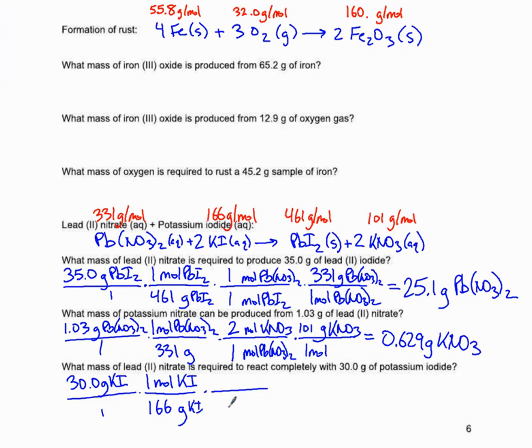Now that we're in moles, we're ready for the mole ratio. We are comparing potassium iodide and lead-2 nitrate. This is moles. So 2 moles of potassium iodide for every 1 mole of lead-2 nitrate. We have the right substance but the wrong units.